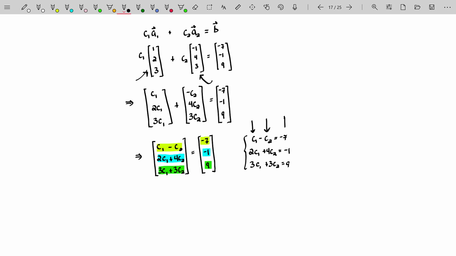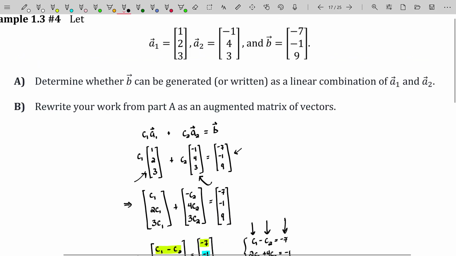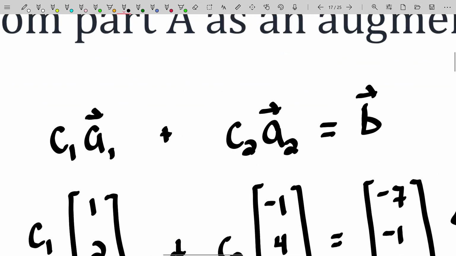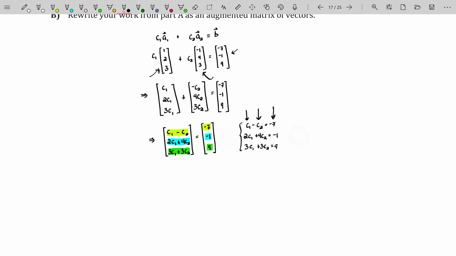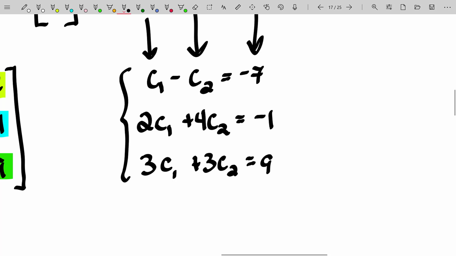And the right-hand side, -7, -1, 9, is exactly the vector b. So this vector equation that we started with has suddenly become a system of linear equations where the coefficients match up quite well with the vectors we were handed.